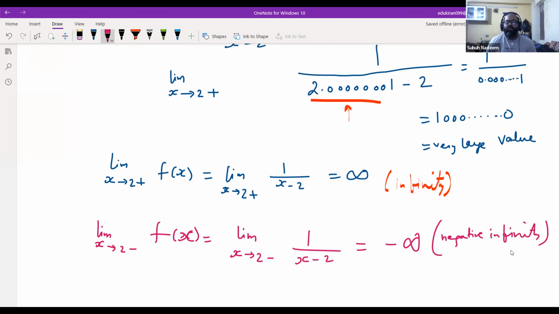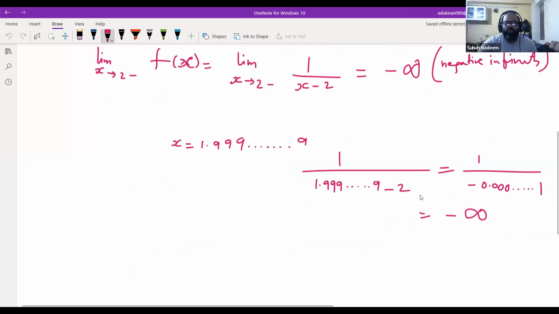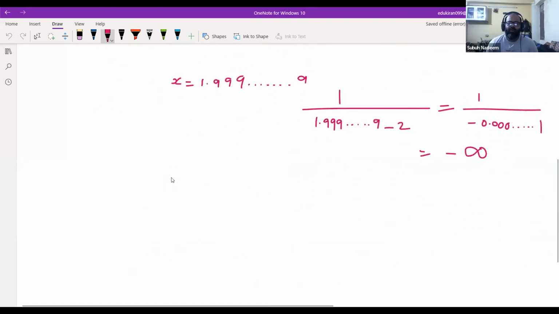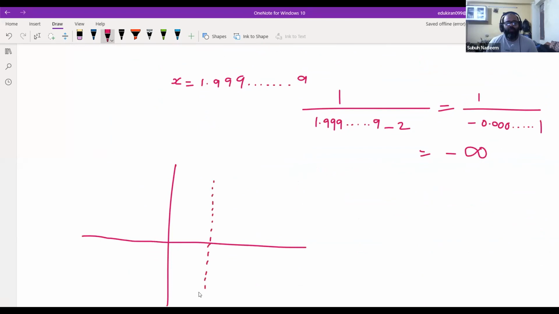Though here it is not asked to draw the diagram, I just want to make sure that you understand the concept. I'm drawing a diagram, but you don't have to draw it or remember it. If you draw the graph of 1 by x minus 2, this is the line x is equal to 2. The graph would be something like this.